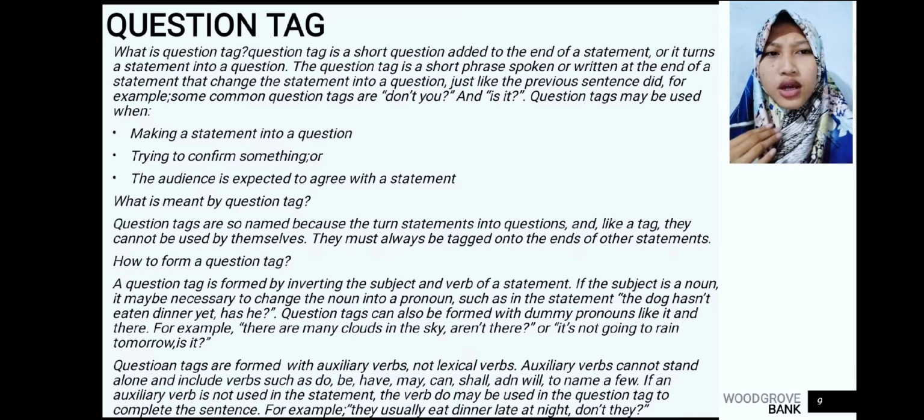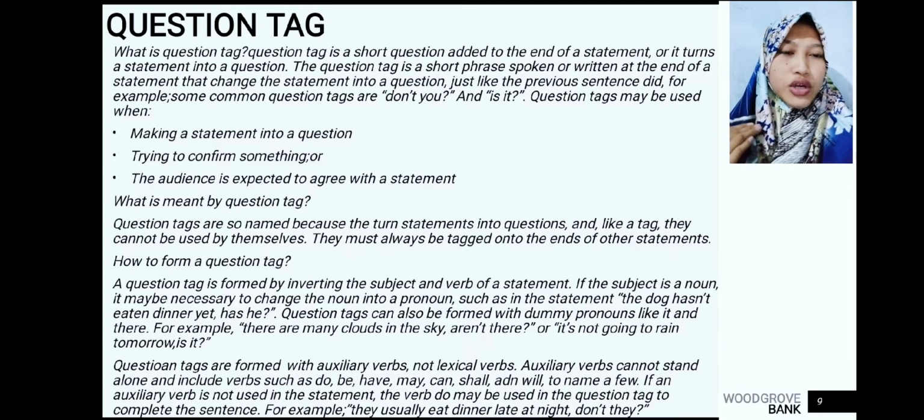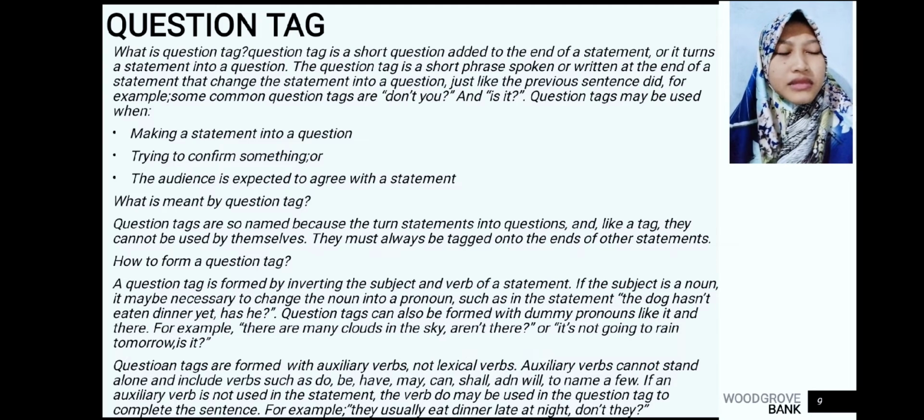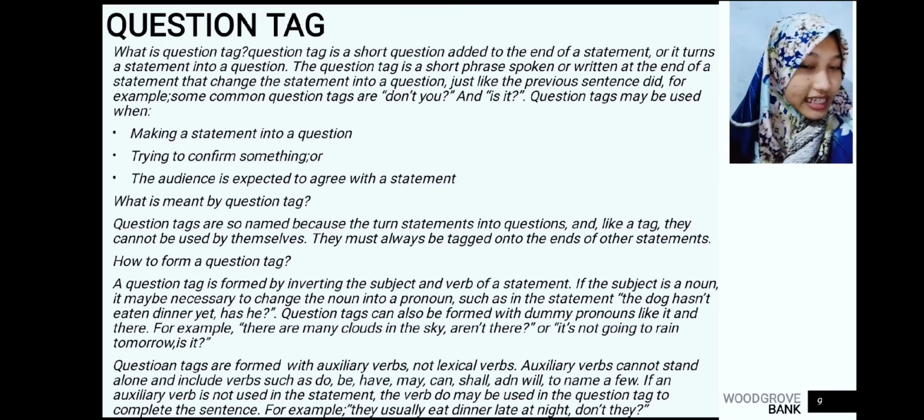How to form a question tag? A question tag is formed by inverting the subject and verb of a statement. If the subject is a noun, it may be necessary to change the noun into a pronoun, such as in the statement, "The dog hasn't eaten dinner yet, has he?"